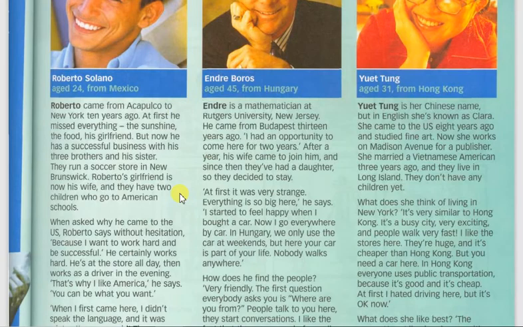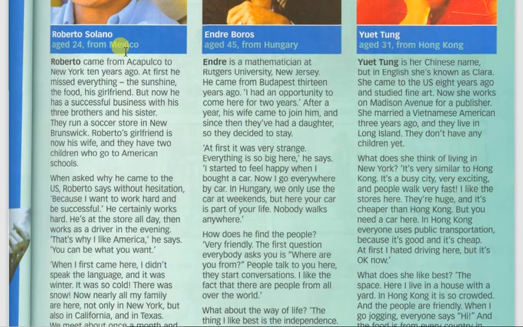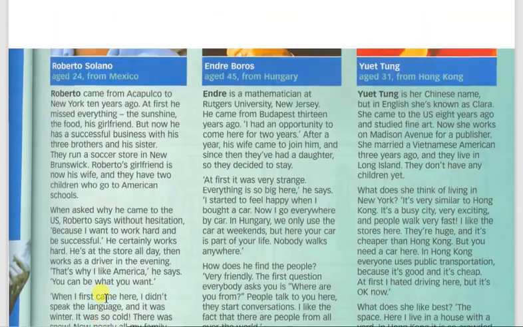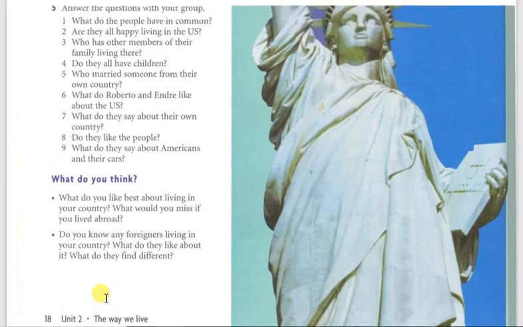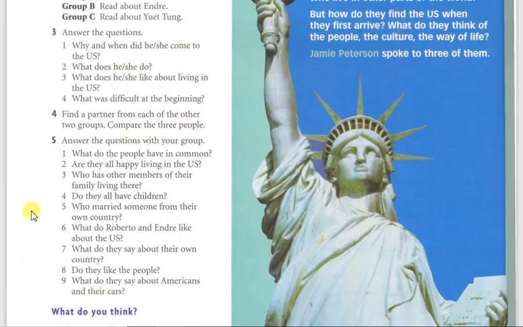Yes, you see we have a full text for each character, for each person. Okay, and then we have to read them all to underline the difficult words. You check the meaning of the difficult words. Okay, and then we go back to the questions that are there in the previous page. Answer the questions.